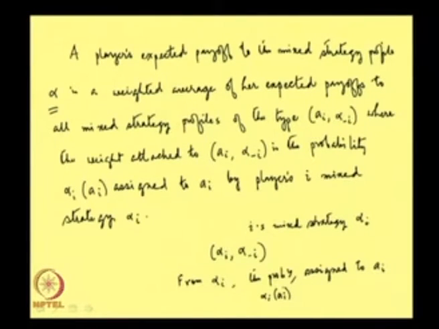What is being said is that the expected payoff of any player from this entire mixed strategy profile alpha is the weighted average of the expected payoff from all mixed strategy profiles of the type (a_i, alpha_-i), with the probability attached to (a_i, alpha_-i) given by alpha_i(a_i).